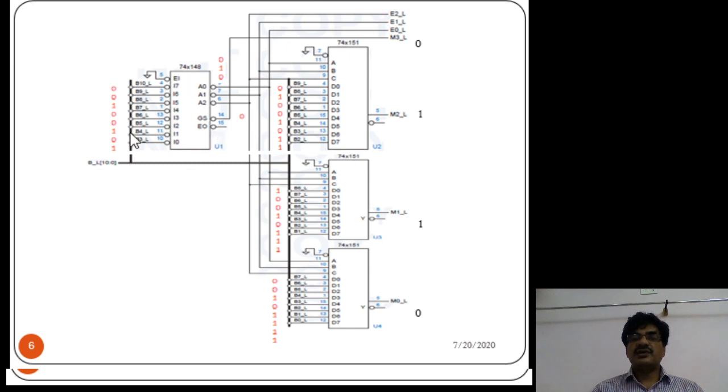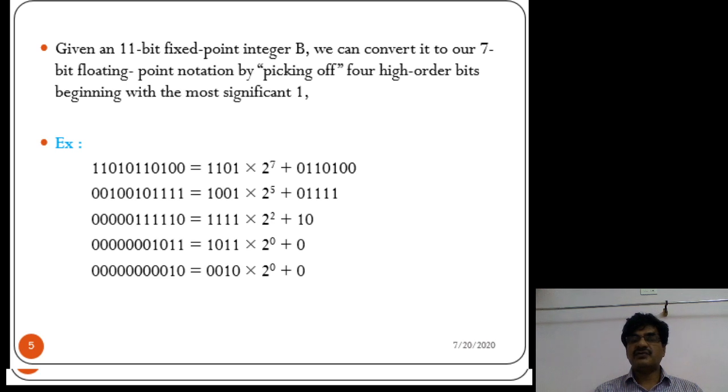The group select output of the encoder gives the exponent, whereas M3, M2, M1, M0 are the multiplexer outputs. With reference to our data, which one have I taken? I have taken the second one as input. So the mantissa is 1001 and you need to get 2 power 5.